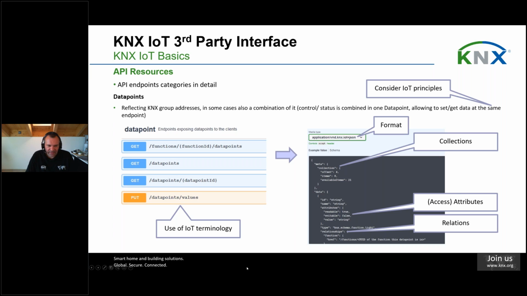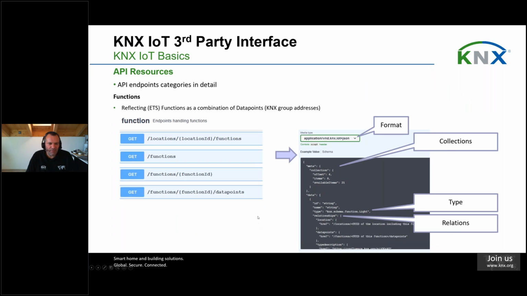Okay. Next, we have functions. The function hosts several data points, as we saw in the example from ETS. Here, for example, I have the possibility, over a specific function ID, to get all data points, or I can get all functions within an installation. As usual, we have type information.